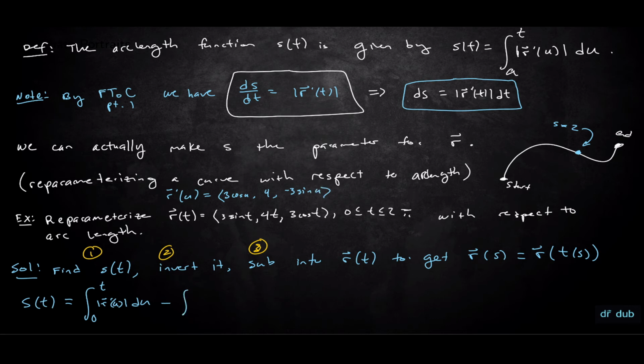So that'll be the integral from 0 to t of the square root of, well, square those, add them together: 9 cosine squared u plus 16 plus 9 sine squared u, du.